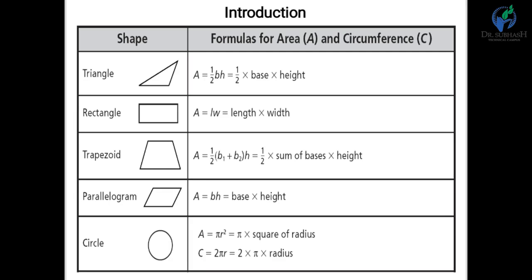The trapezoidal area is equal to 1 half multiplied by the sum of bases into height. Next shape is parallelogram. Its area is base into height. Next shape is circle. Its area is pi into radius square, or its perimeter is 2 pi into r. R represents the radius of that shape.